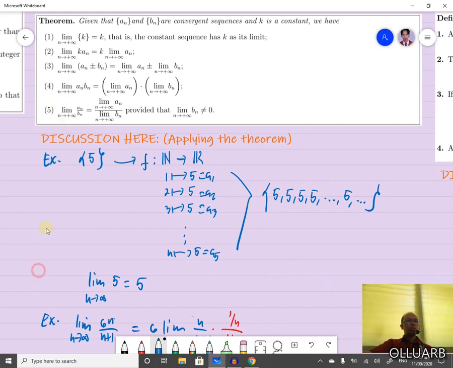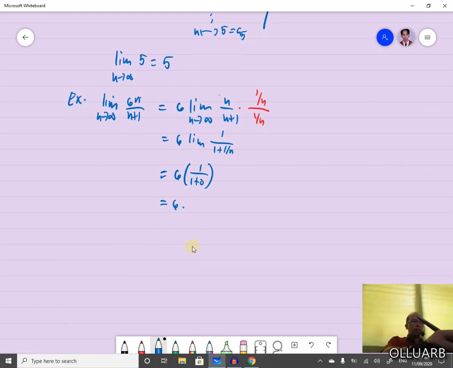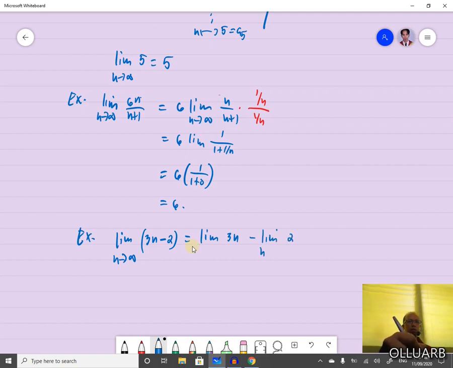So for example, we have this one, the limit of 3n minus 2 as n approaches infinity. You can distribute the limit, minus the limit of the constant as n approaches infinity.